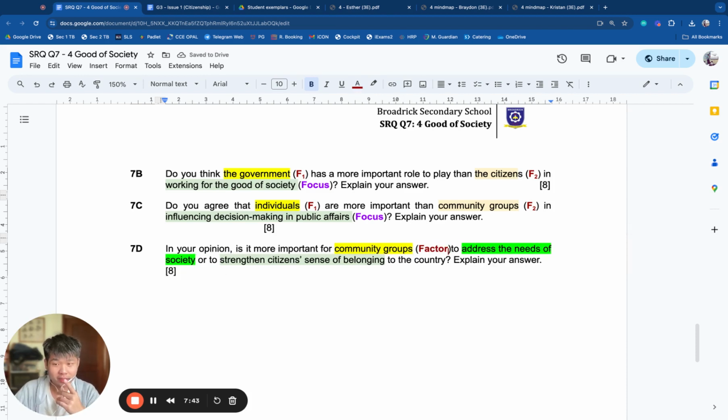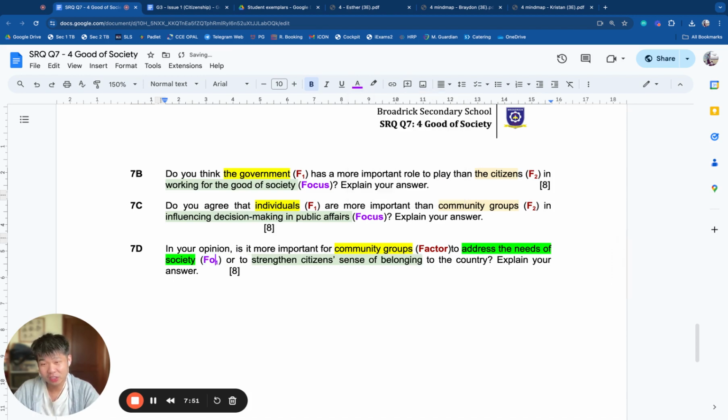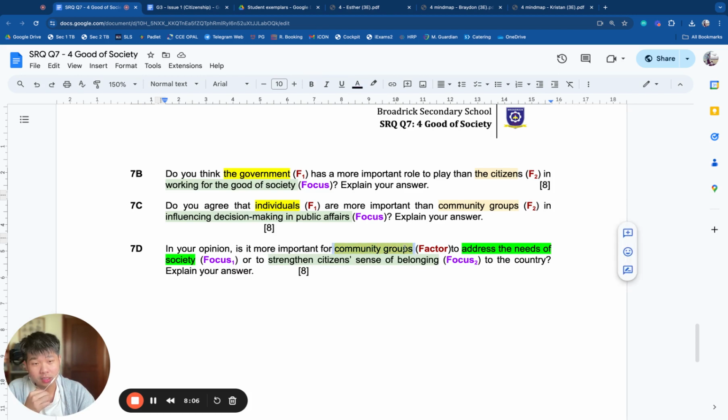and just one factor, because over here, I hope someone has realized this, you have focus 1 and you have focus 2. So you just have one factor, which is the community groups, and then you need to explain the PU argument for how community groups is important for them to address the needs of society.